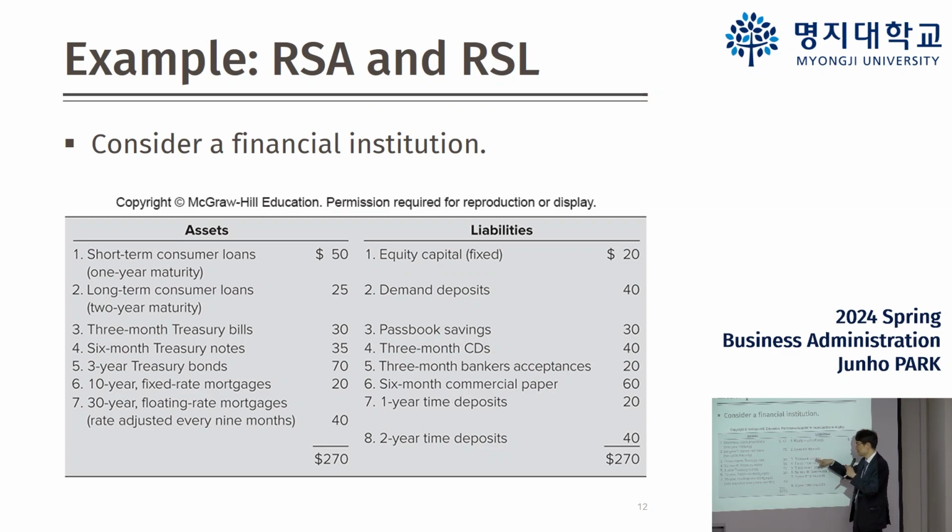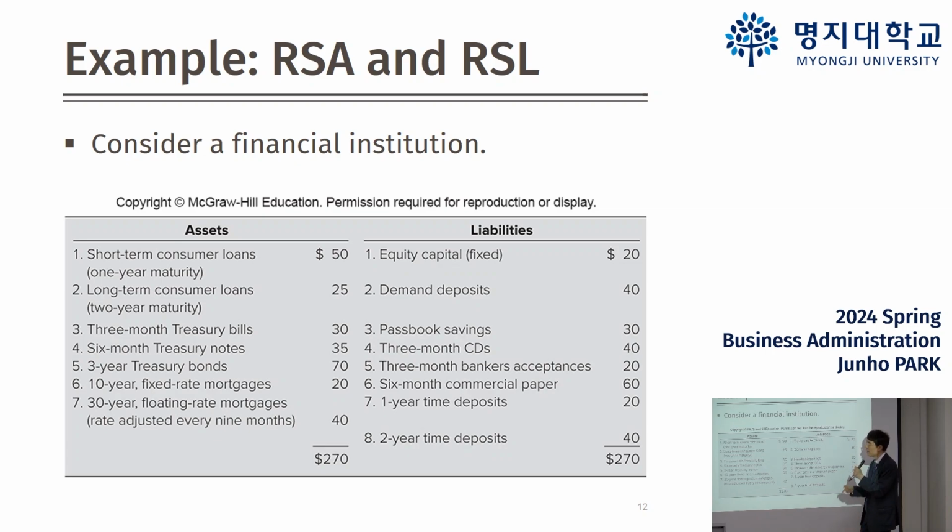And this is a financial instrument using the bank book, recording how much money I saved in the bank. So in the United States, typically the passbook savings interest rate is also quite low, and it is not changing over time.